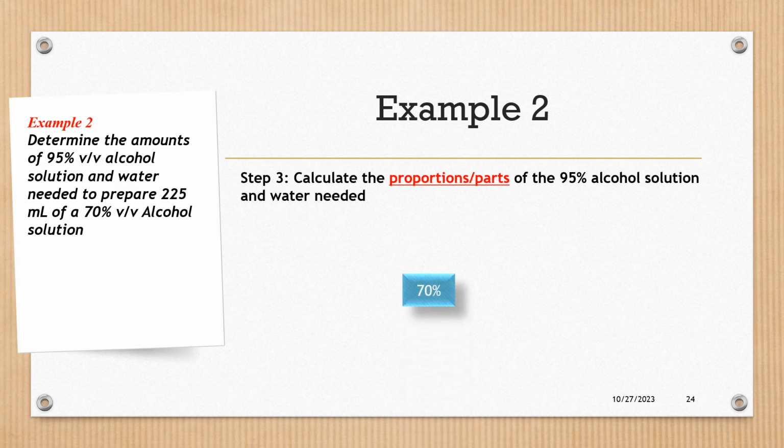Now, again, setting up your flow, the center here will be what we want, which is the concentration that we will get with the resulting product, and that is 70%. And in terms of the two stocks that we are working with, you have alcohol 95% and you also have water at 0%.